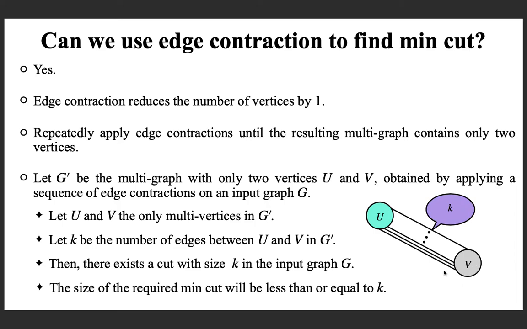So we are anyway getting a cut of size k. So the actual min cut will be of size less than or equal to k. Because we are getting a cut of size k, definitely the required min cut must have a size k or less. We can try to apply this concept on the example graph.